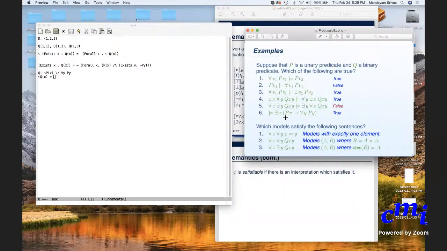Okay. So now, if there is at least one element in the model, P can be a predicate which is either true on every element, or there will be at least one element for which it is not true. Do you all agree? Yeah.